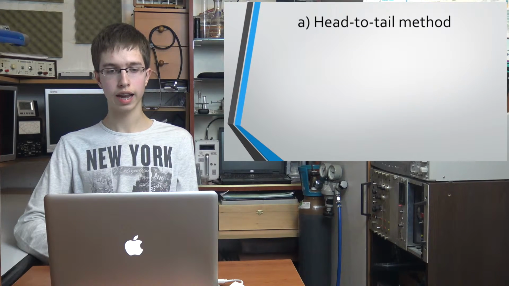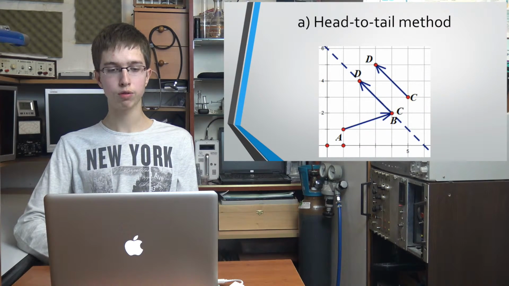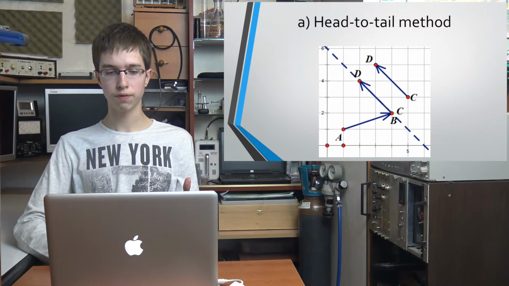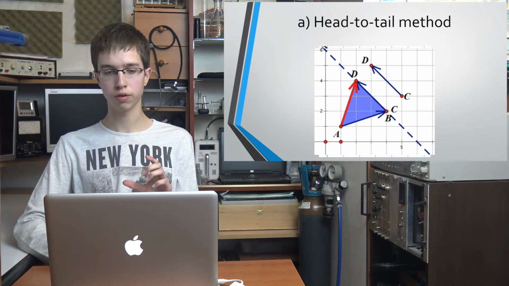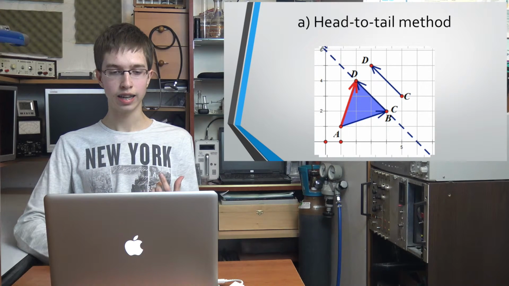First is the head to tail method, where we have two vectors, for example AB and CD, and their resultant is vector AD, which has its head in the head of the second vector, so in the head of CD, and its tail in the tail of the first vector AB.